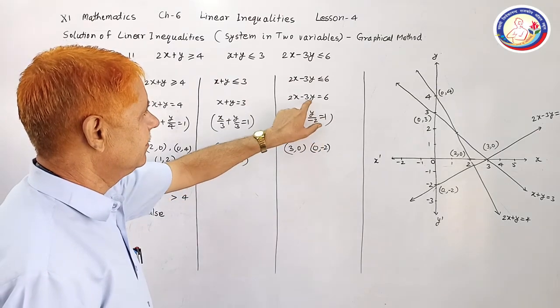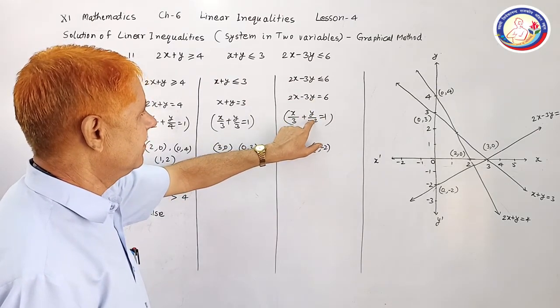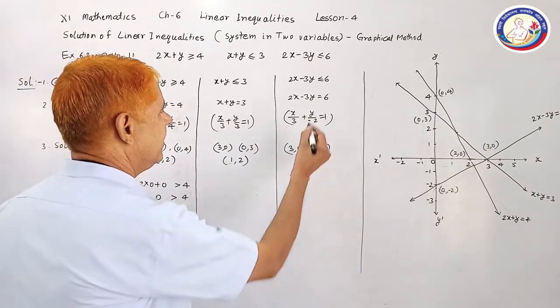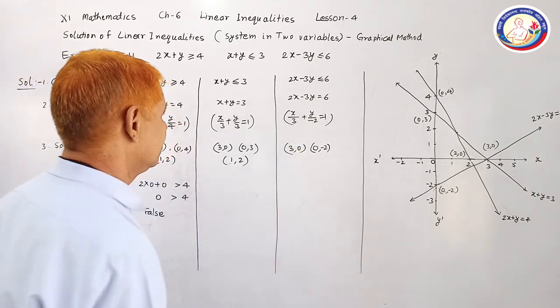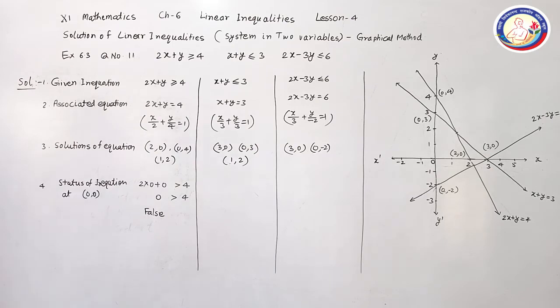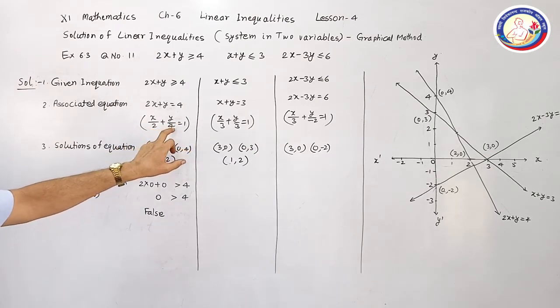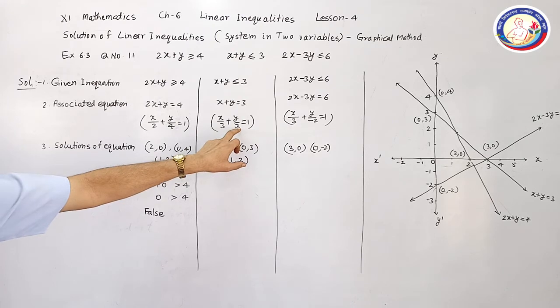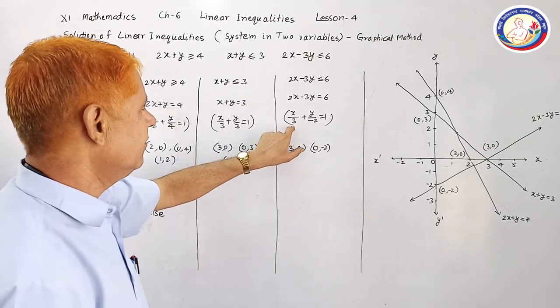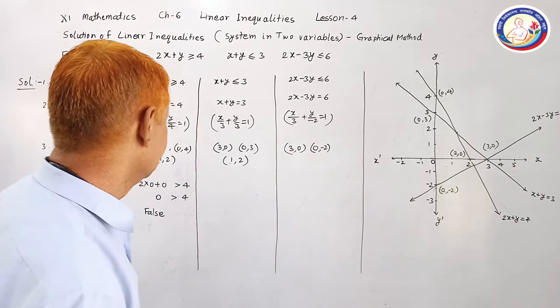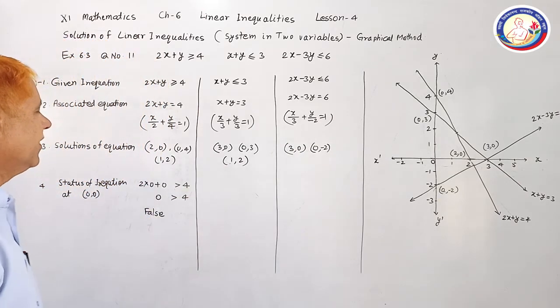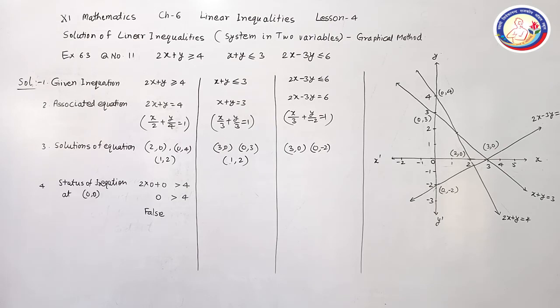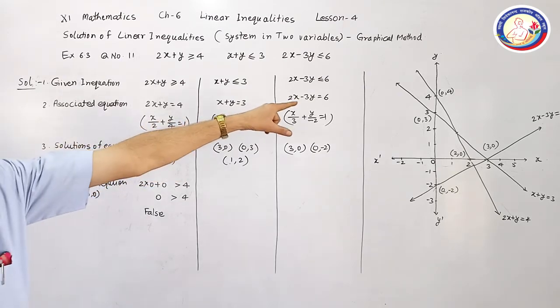Here, we will write the number here as minus 2, with y kept positive. So the points of intersection on the axes will be respectively 2, 0 and 0, 4; 3, 0 and 0, 3; 3, 0 and 0, minus 2. You can find one more point to verify whether the graph of the line is correct or not. It depends upon you. You can use another method to find at least two solutions of these equations.